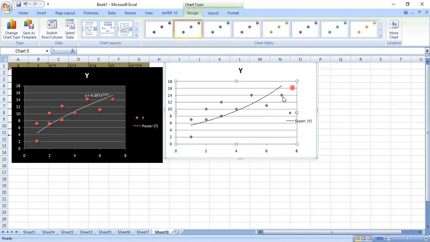So if you ask me what sort of fitting you are going to take over here, I'm going to say that yeah, I'm going to take the option for the exponential curve.